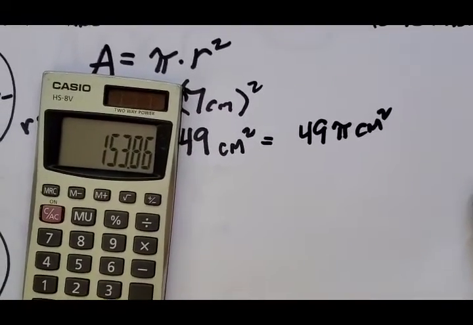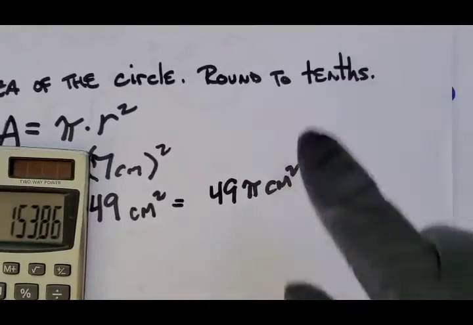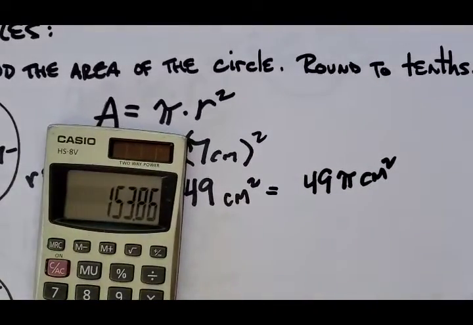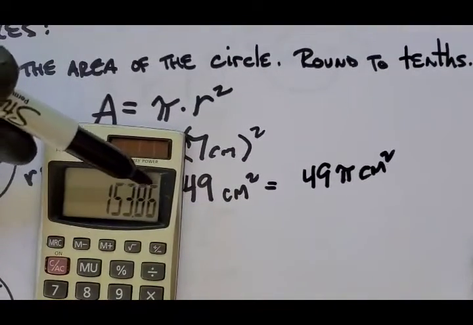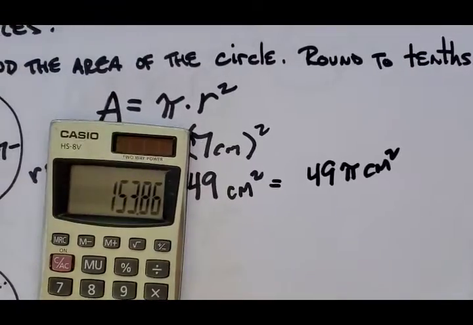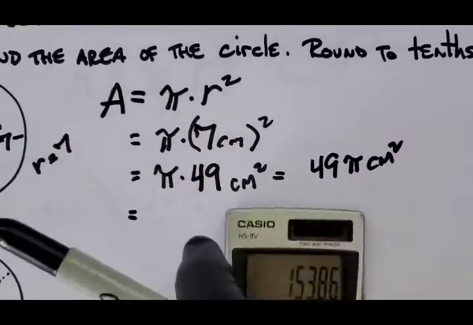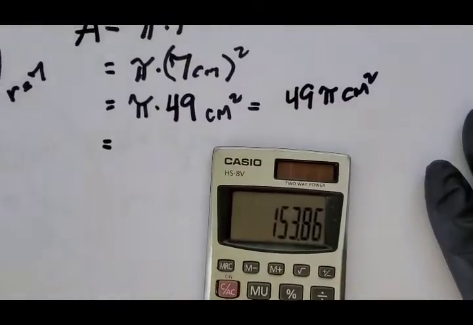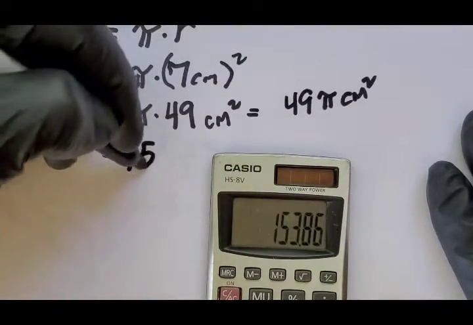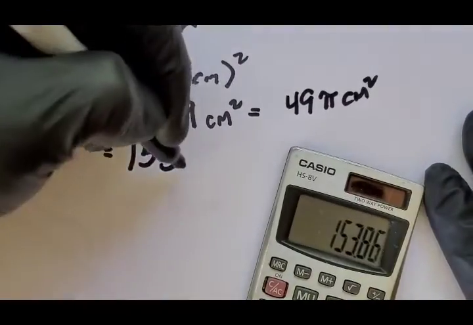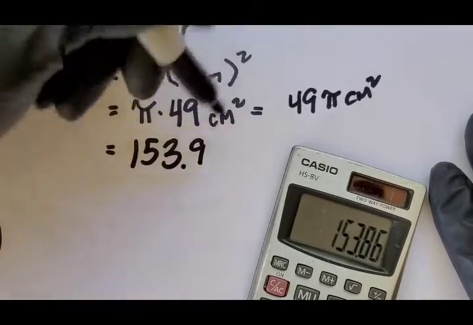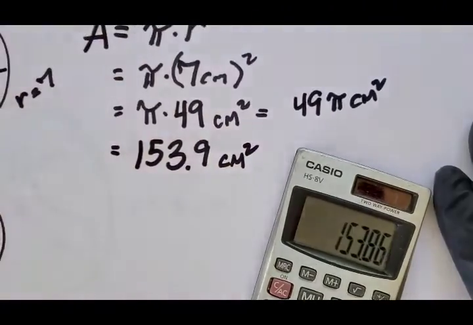and there's our answer. Now you were asked to round it to the tenths place, so in this situation here, we're going to take the 8 and round it up to 9 because of the digit behind. So our answer in this case here is going to be 153.9 centimeters squared.